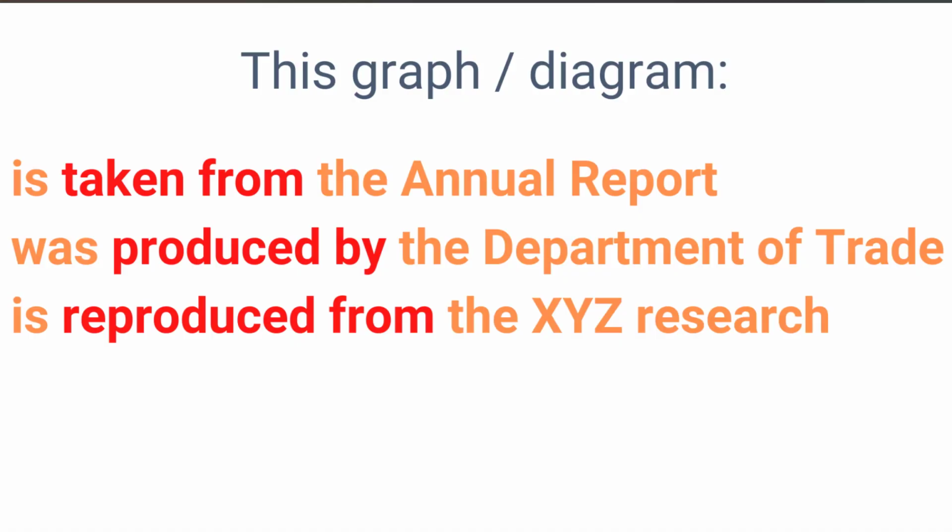To give you some examples here, what I've done is write some example sentences. So you could say, for example, this graph diagram is taken from the annual report. This graph diagram was produced by the Department of Trade. This graph diagram is reproduced from the XYZ research.